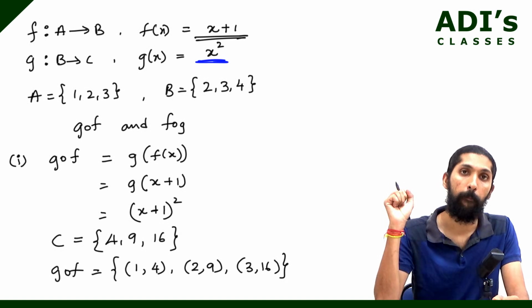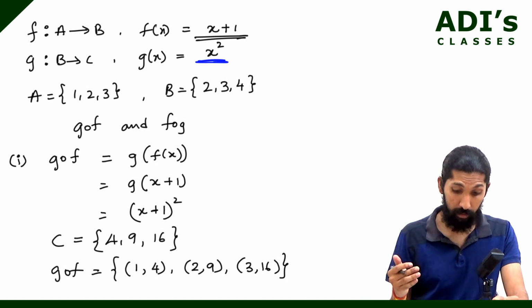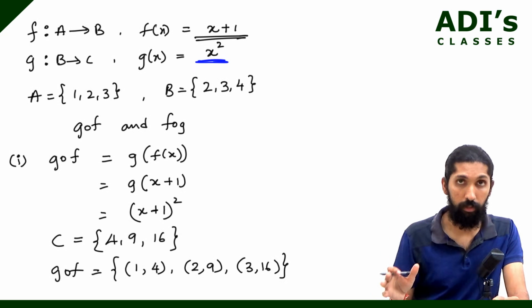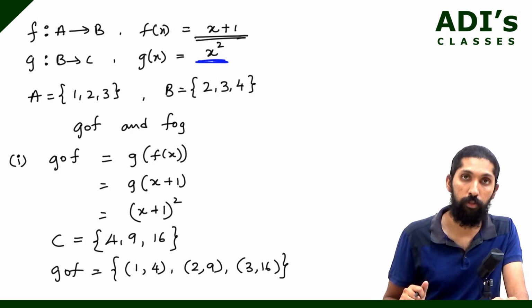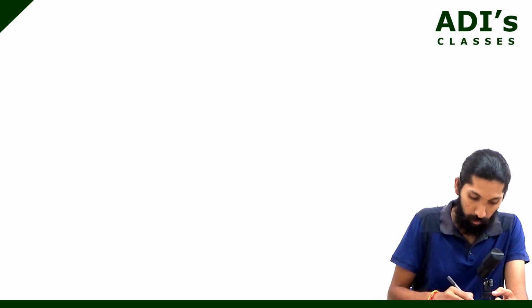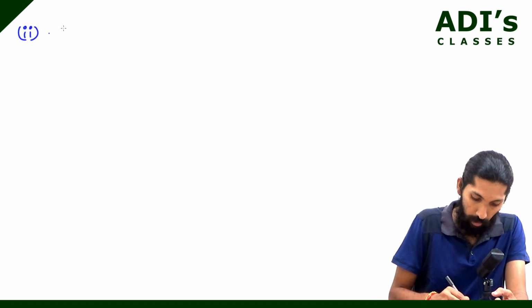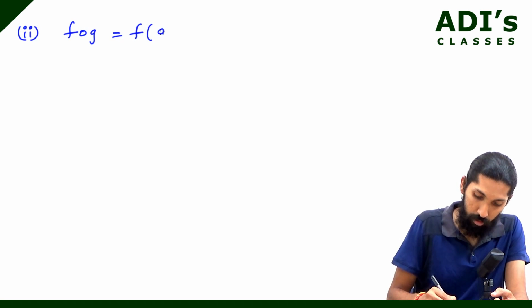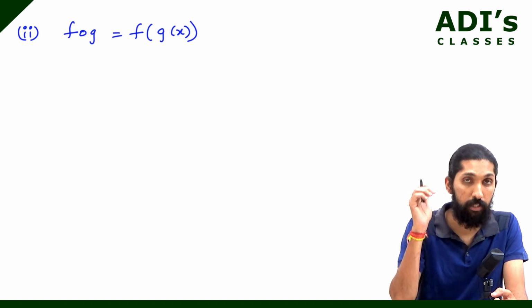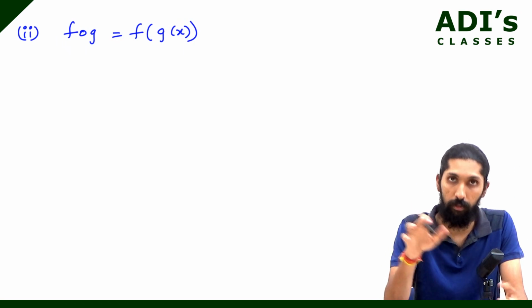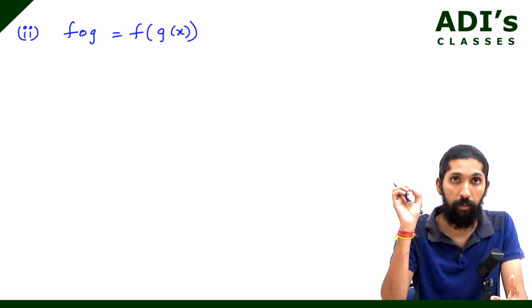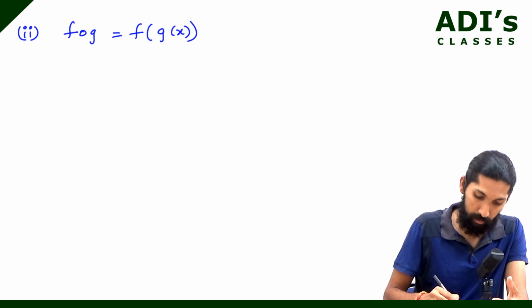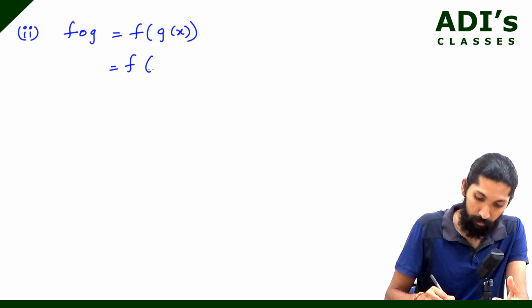Clear with this one? Now the next part is FOG, that is f of g of x. So we'll do f of g of x now. The first one was g of f of x, correct? Now, what is g of x? G of x is x square. So we write this as f of x square.